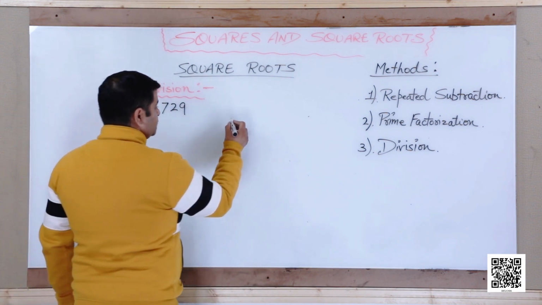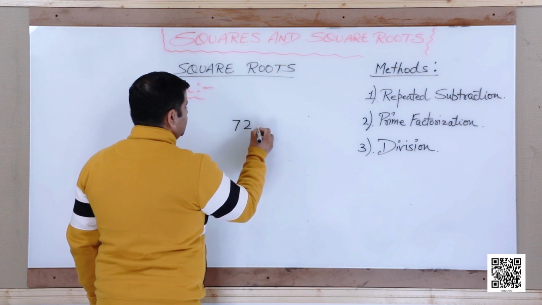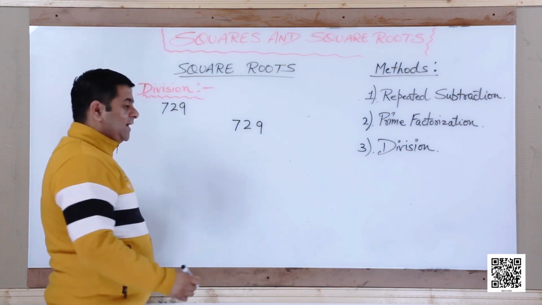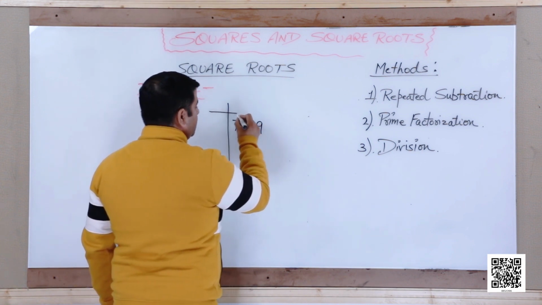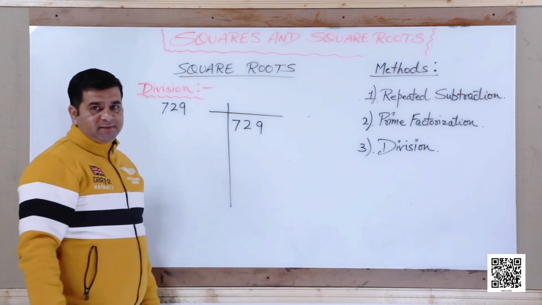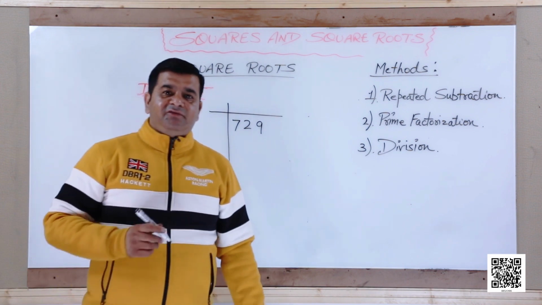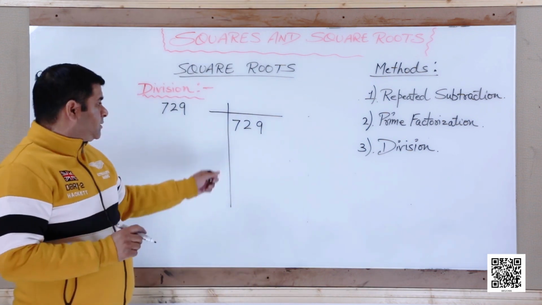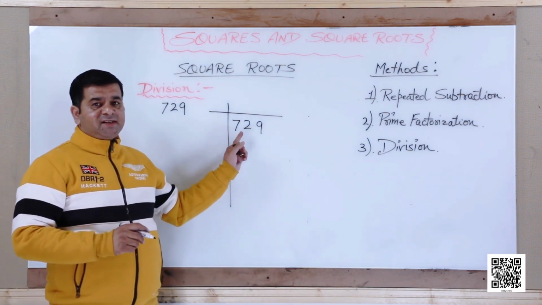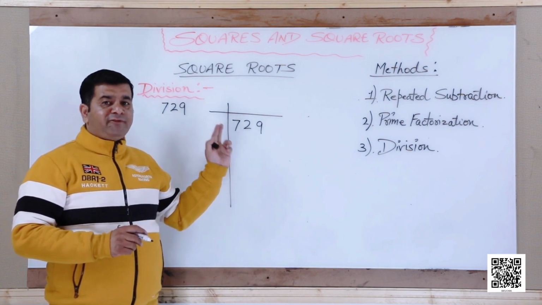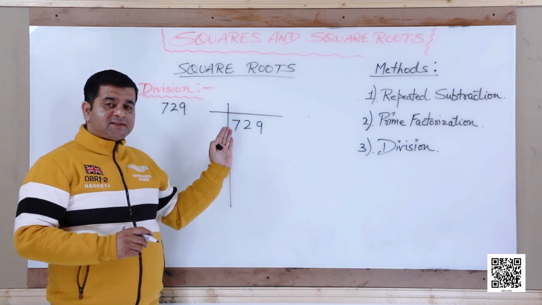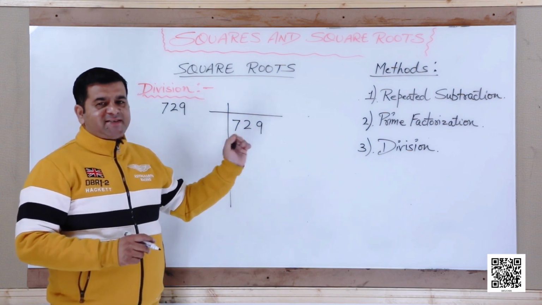Students, first of all we write this number 729 and put a line across this and on top of it like this. Now students, we have to see how many digits are here and we have to make pairs of 2, starting from the right side.